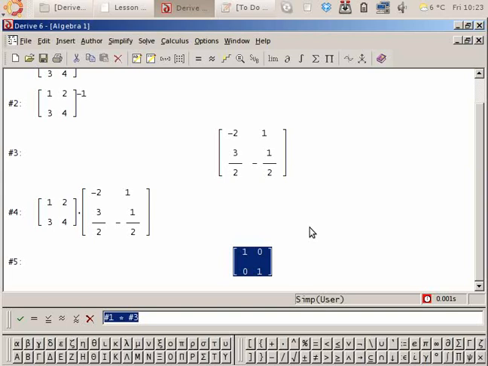Line 1 multiply line 3. You got the identity matrix? Okay. Yeah. Yep, good. And then. Yes, amazing.